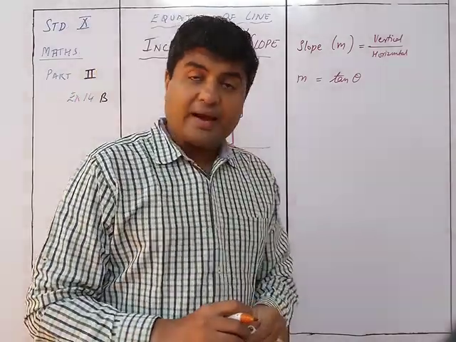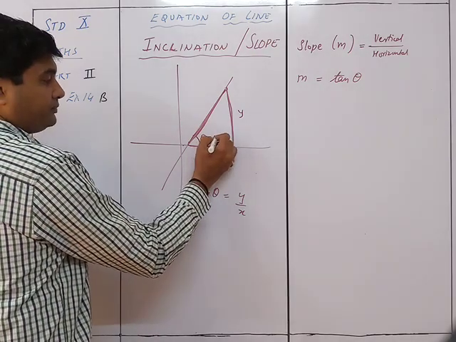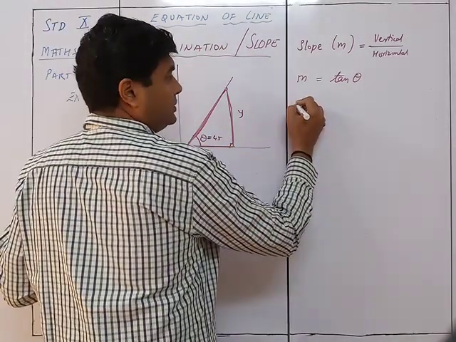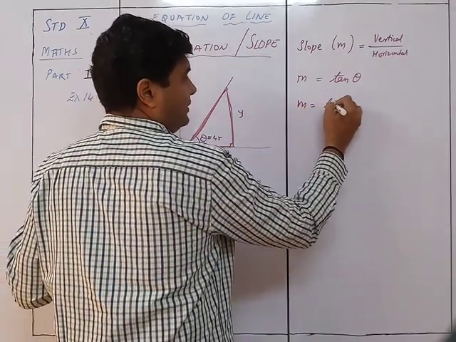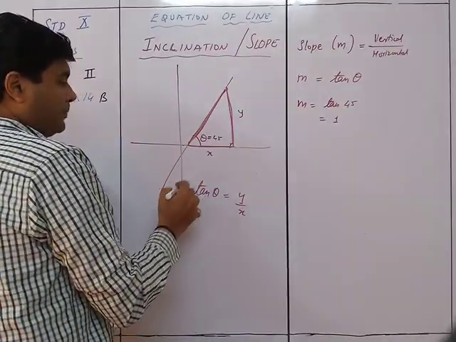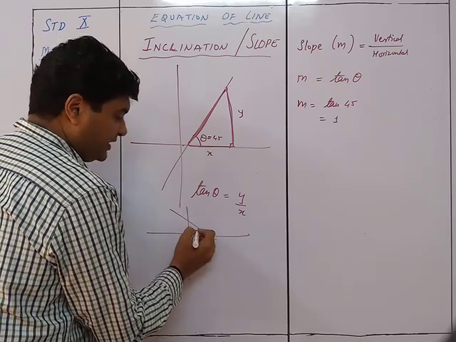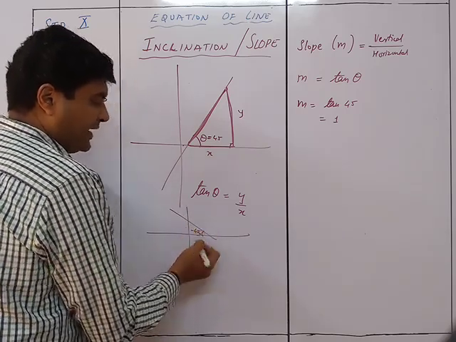Again we see that, let the angle be 45, then slope m is equal to tan 45, which is equal to 1. Suppose the line is this way and this is 45, then it will be negative 45.